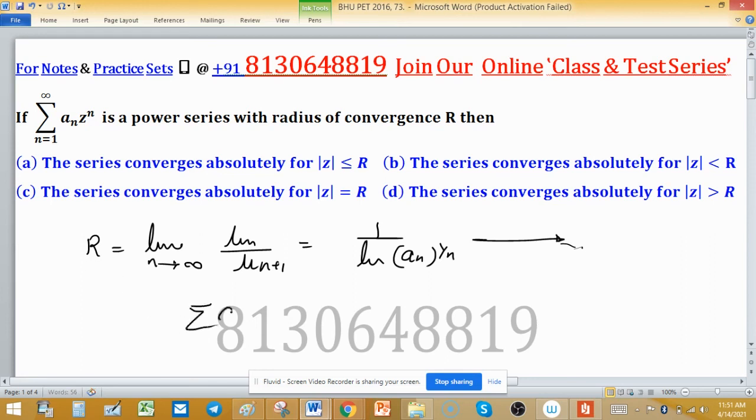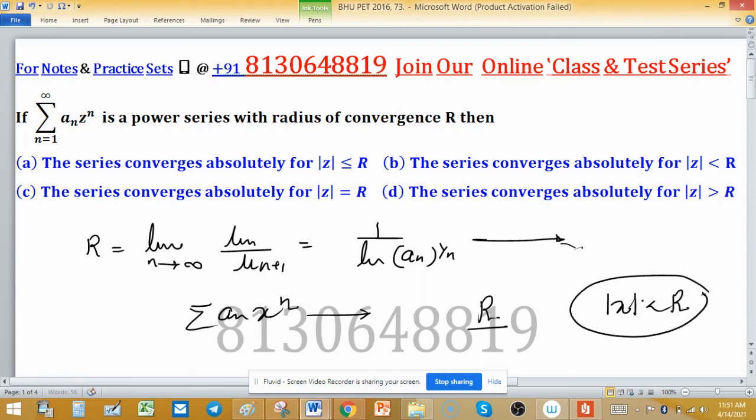If summation a n x raised to the power n, or z as sometimes written here, is the standard structure of a power series, and the radius of convergence is R, then this power series will converge for mod x less than R. We are 100% sure about convergence whenever the absolute value is less than the radius of convergence.